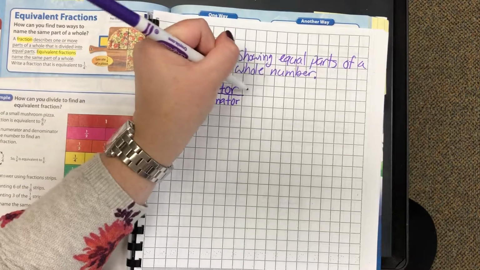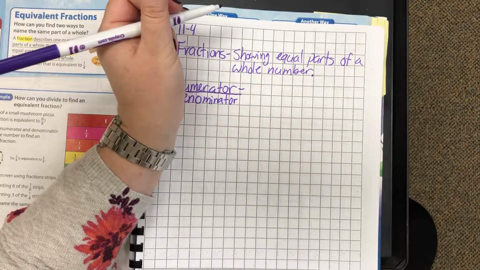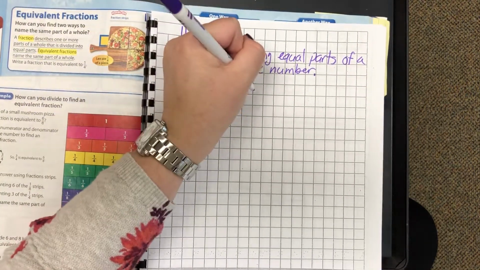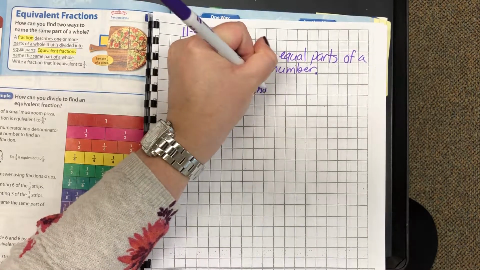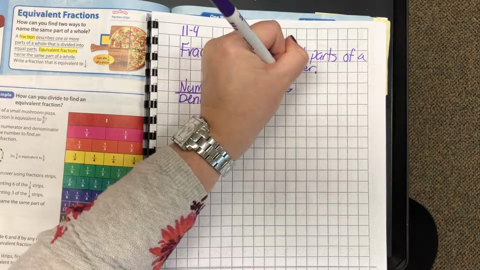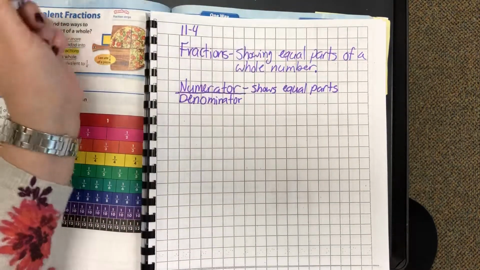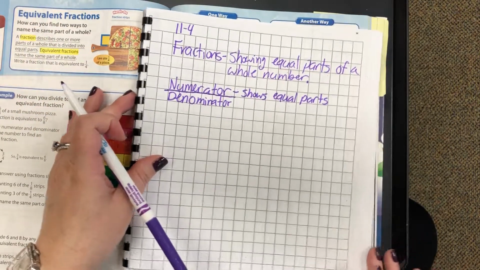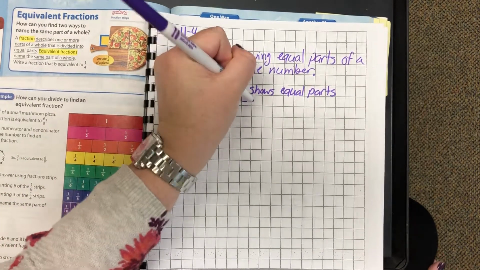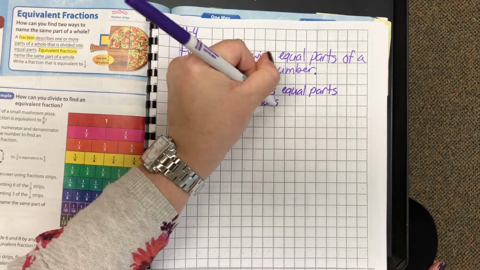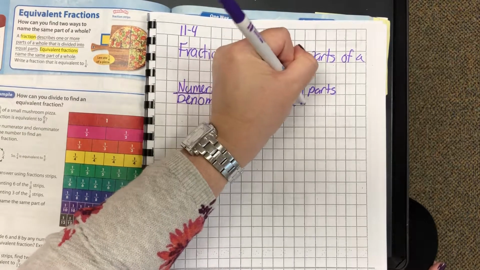The numerator represents the parts. It shows the equal parts. The denominator shows the whole number.